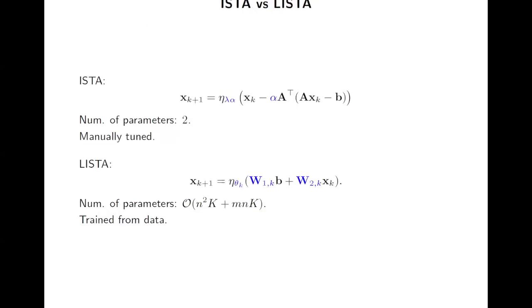The plot you were showing, the y-axis is the error, MSE, between the ground truth solution. Oh, sorry, I forgot to explain that. The NMSE means the average square error between X star and the last iterate, the xk, the last iterate of the algorithm.